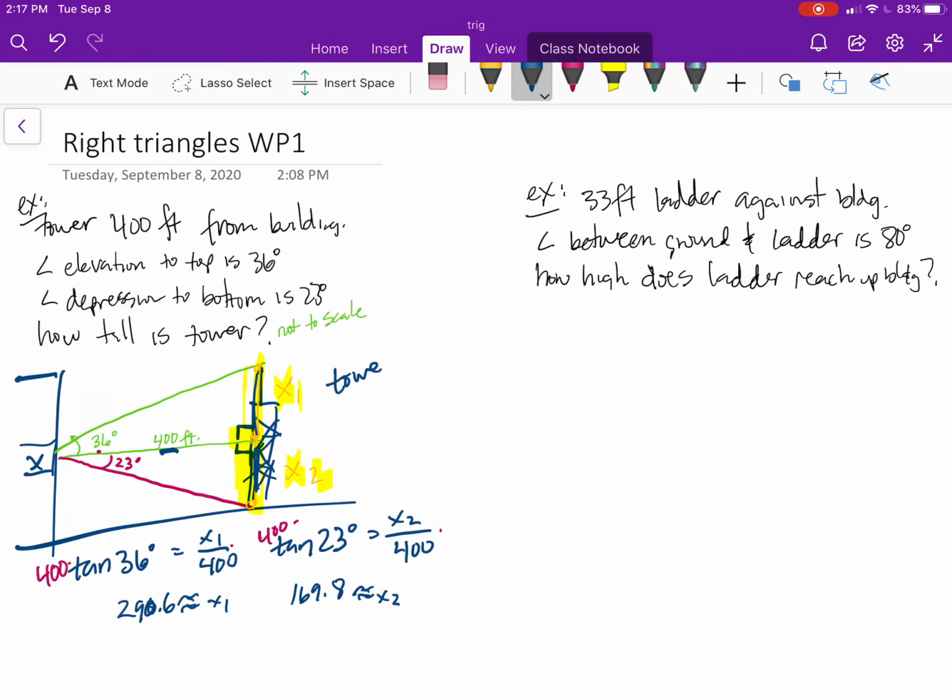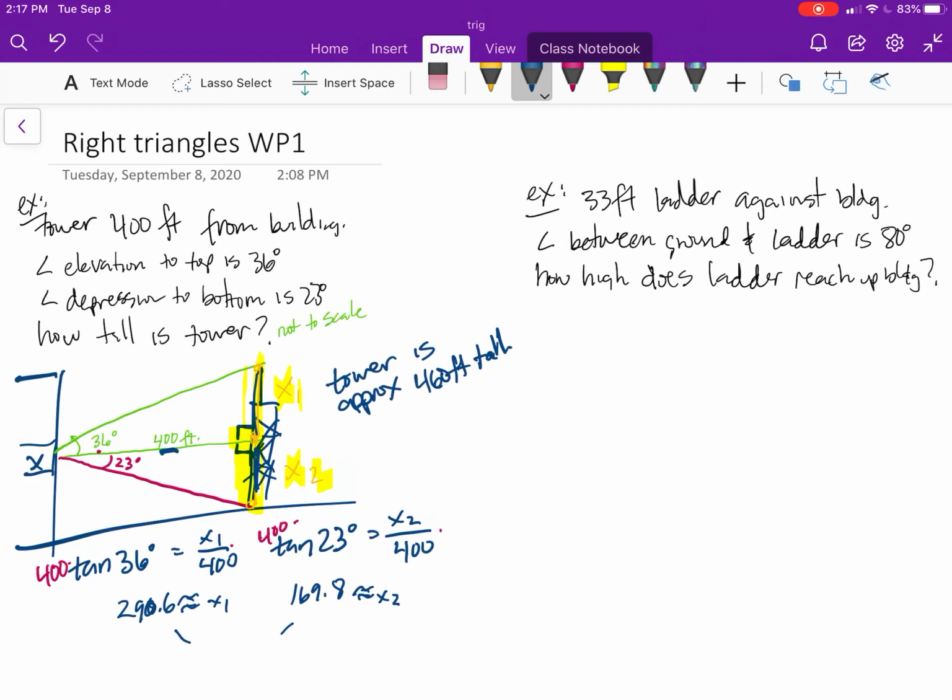The length, that tower is approximately 460 feet tall. That says tall, right, since we summed those two together. Awesome.